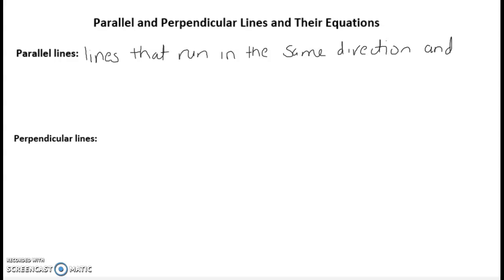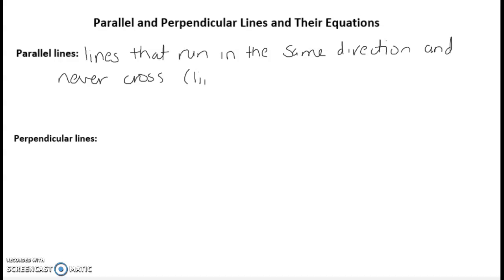Okay, so parallel lines, the definition is lines that run in the same direction and never cross.